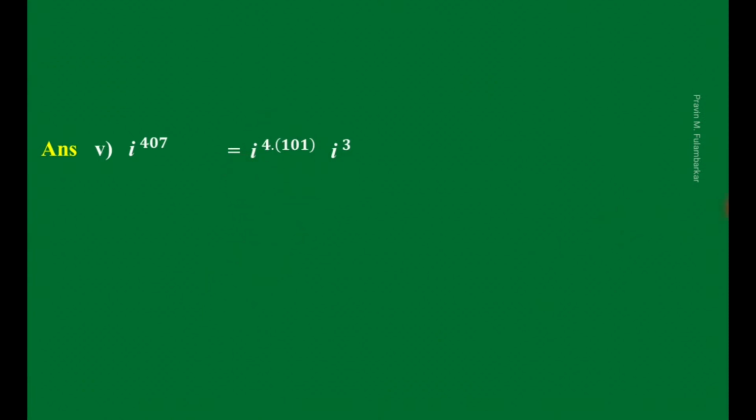So we write this as (i raised to the power 4) raised to the power 101 and i cube we replace by minus i. Now again replace i raised to the power 4 by 1, and 1 raised to the power any number is 1. So we get here 1 into minus i, which is minus i.